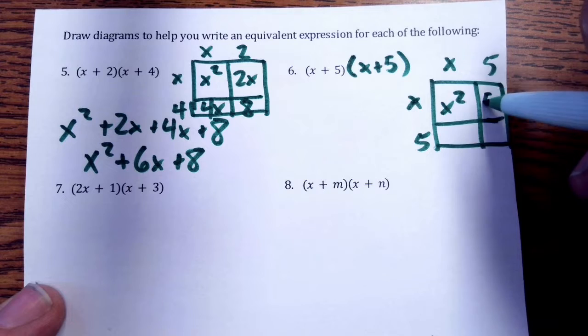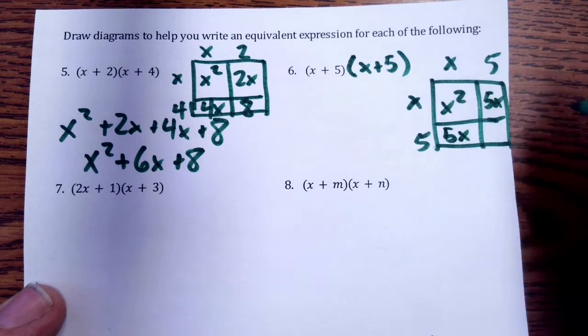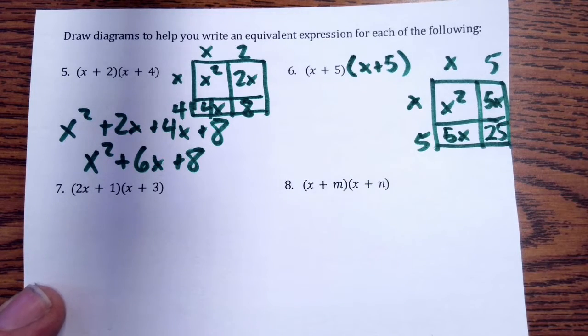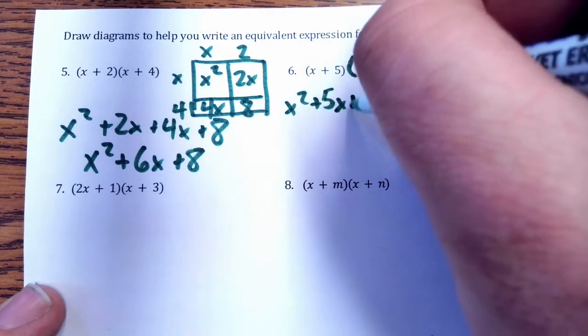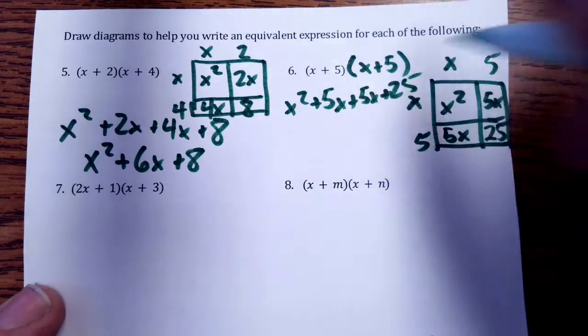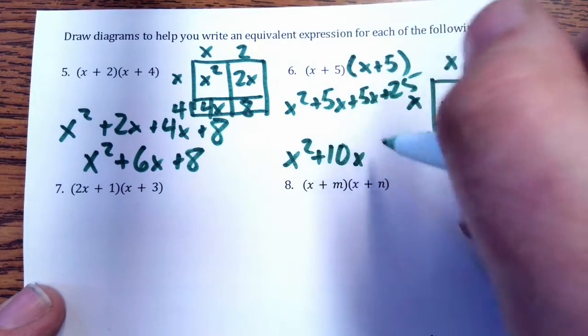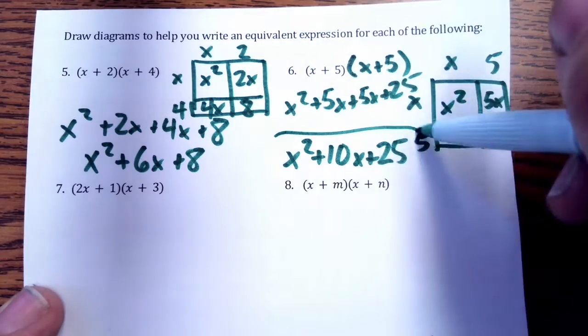X times 5 is 5x. 5 times x is 5x, and 5 times 5 is 25. So we have an x squared plus 5x plus another 5x plus 25. And when we simplify that, we get x squared plus 10x plus 25 as our final answer.